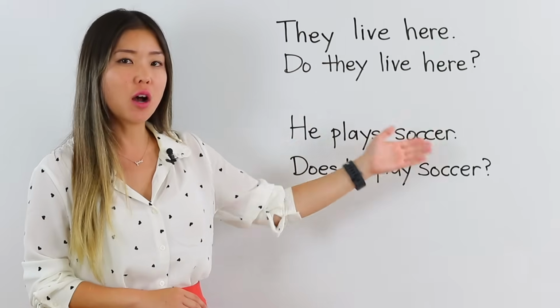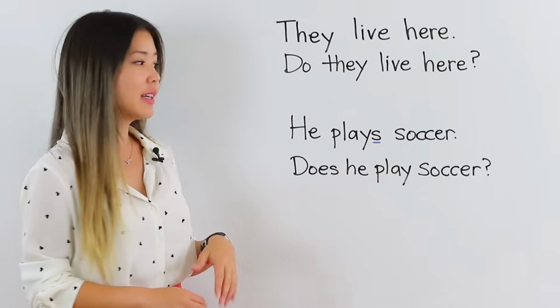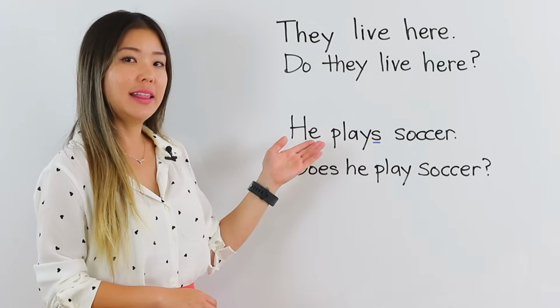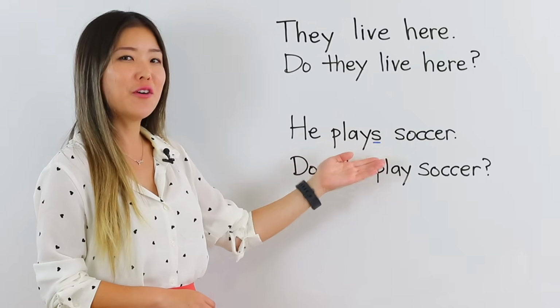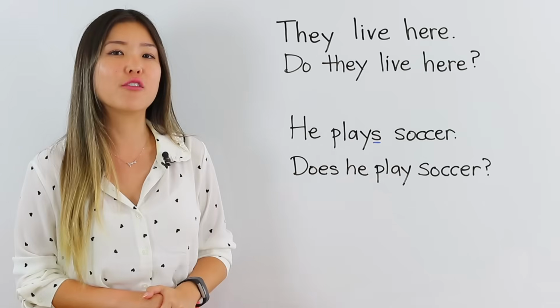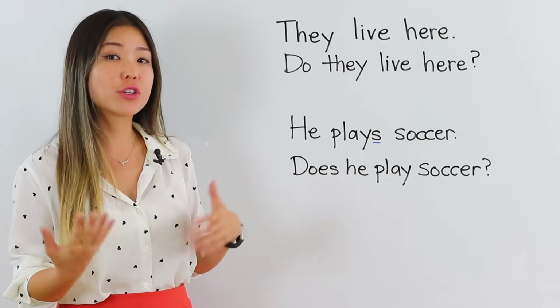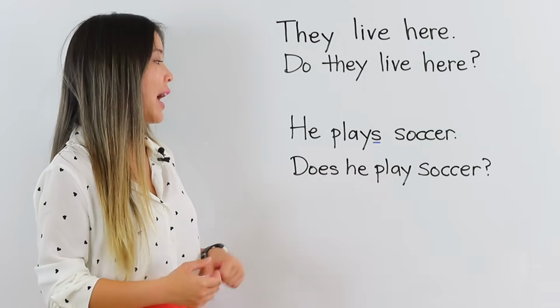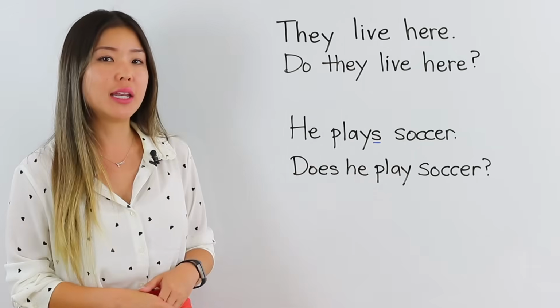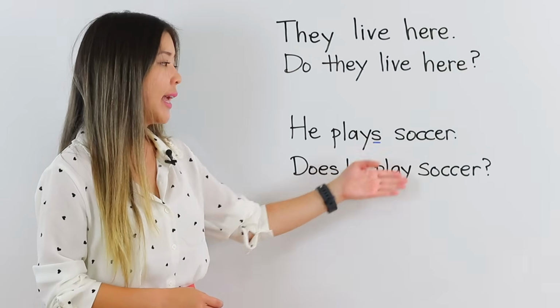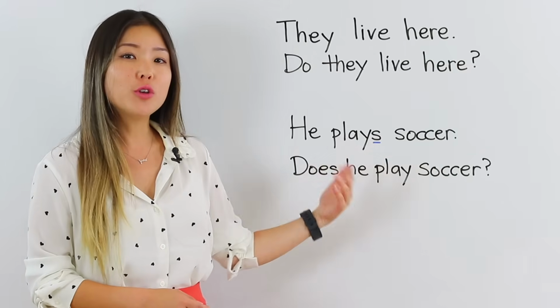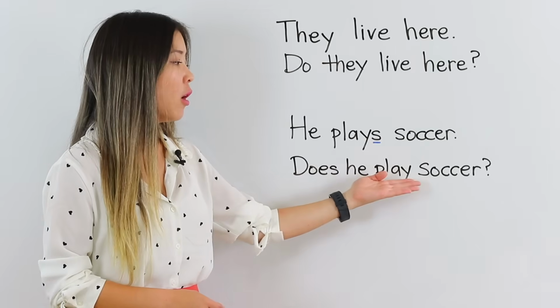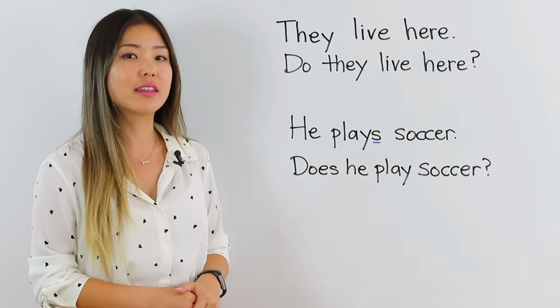He plays soccer. In this statement, the subject is he, and that's why you should know by now I have an S at the end of play. However, to turn this into a question, I add does at the beginning. Does he play soccer? What you'll notice here is that I no longer have the S at the end of play.